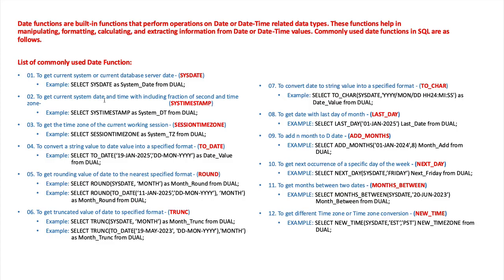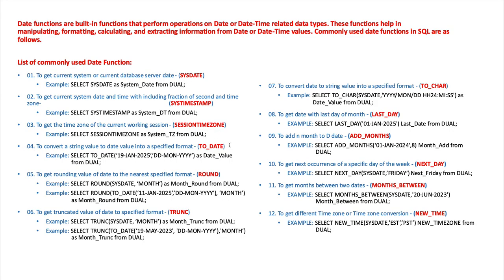To get the current system date and time including fraction of second and time zone, we use the systimestamp function. Third one is session time zone. To get the time zone of the current working session, we use the session time zone function.